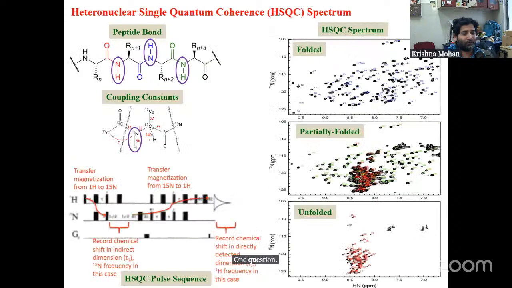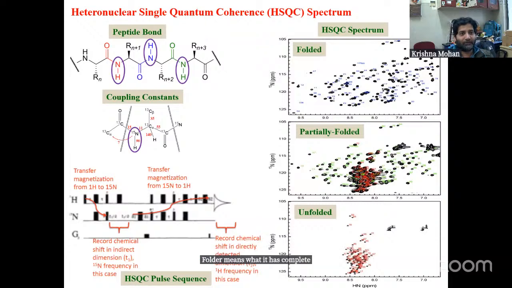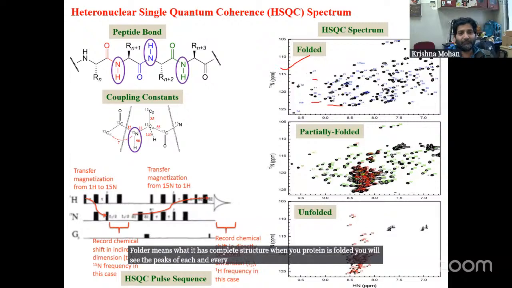And of course, if you go to a biomolecule, a protein may be folded, unfolded, or partially folded. Folded means it has a complete structure. When a protein is folded, you see the peaks of each and every amino acid nicely distributed across the spectrum.